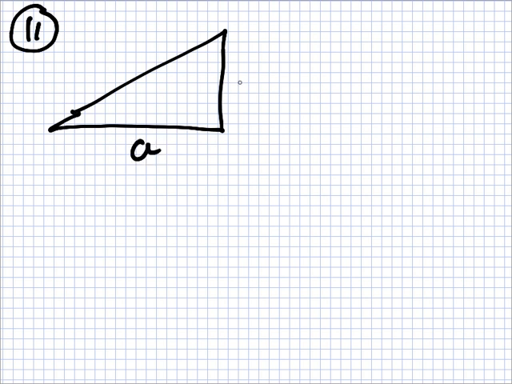The sides of a right angle triangle are in arithmetic progression. So here's a right angle triangle, and they're in arithmetic progression. So I would say a, a plus d, and a plus 2d. Now, you also are told that the total is 12.